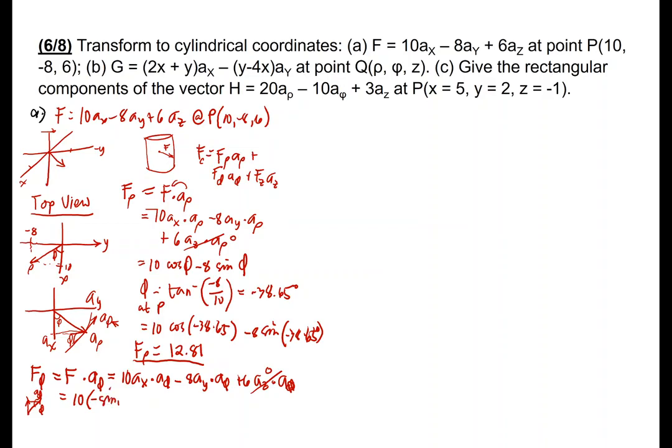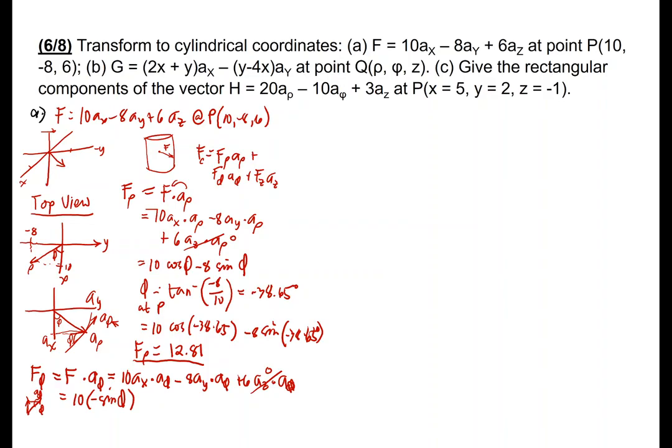Why negative? Because you see the vector aφ is pointing to the negative of x, and if you want to convert aφ to x, you use the sine function. We know that sine is opposite over hypotenuse.